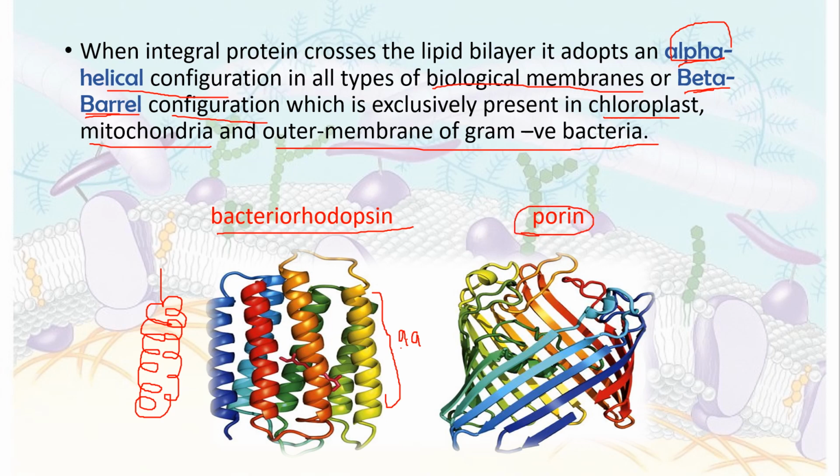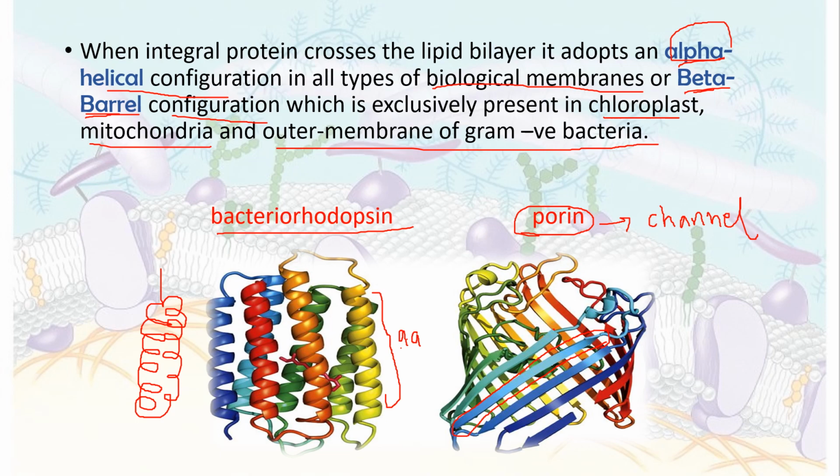Porins are an example of channel proteins, so the porins act as a channel. It consists of beta sheets. You can see over here, these are the sheets. This is the secondary structure of protein. Beta sheets have alternate non-polar and polar amino acids.